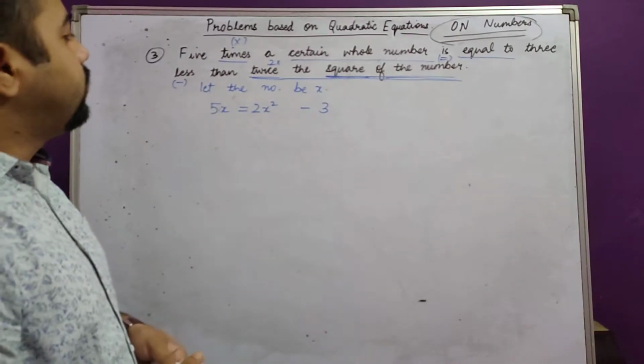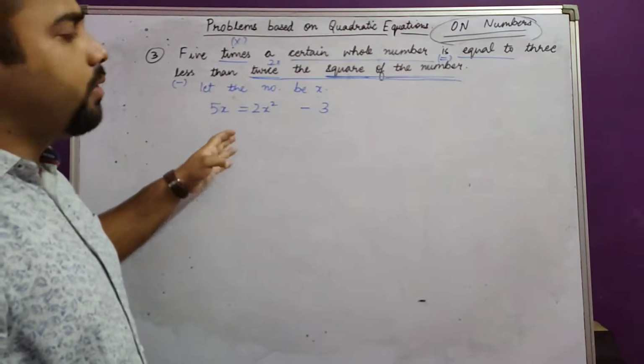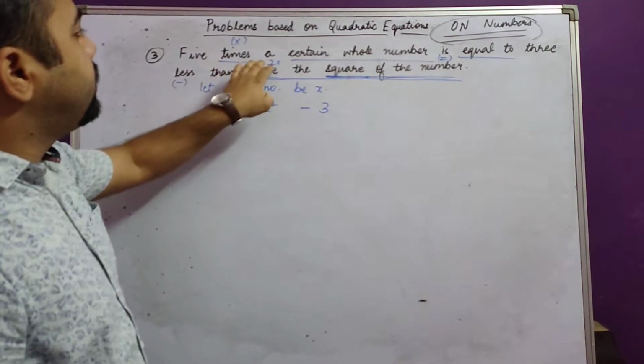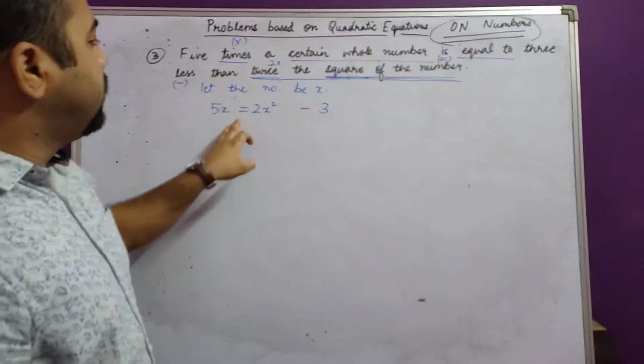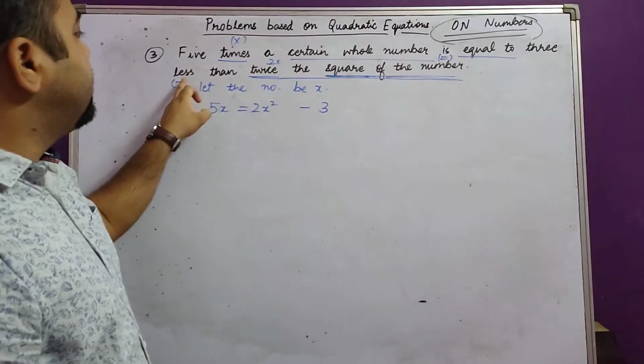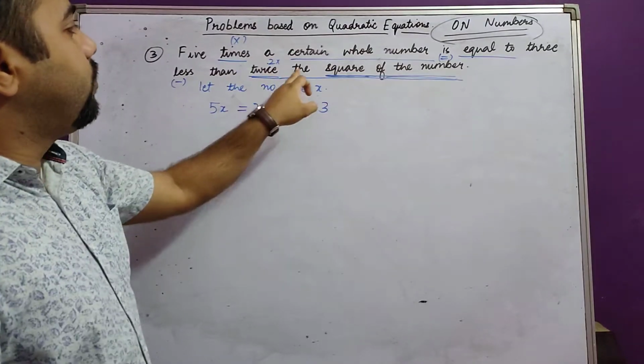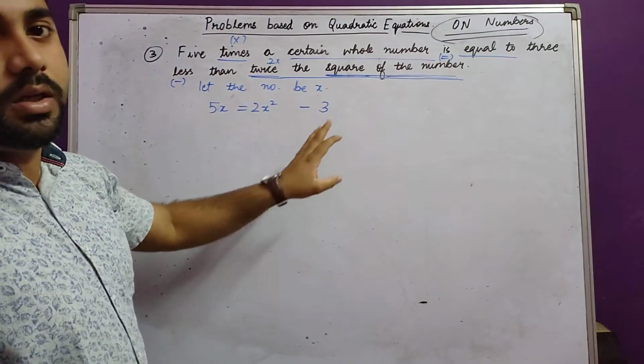Now after making the equation, we have to check whether it is correct or wrong. 5 times a certain whole number, that is 5x, is equal to 3 less than twice the square of the number.